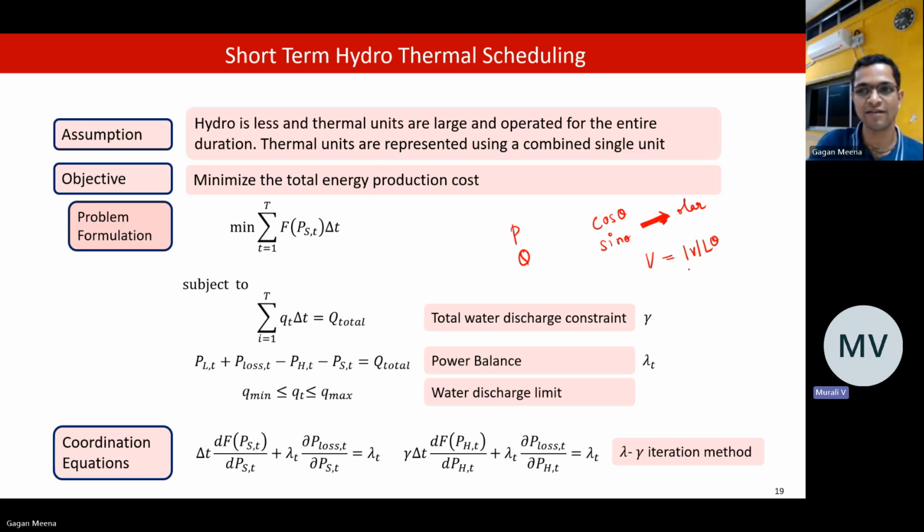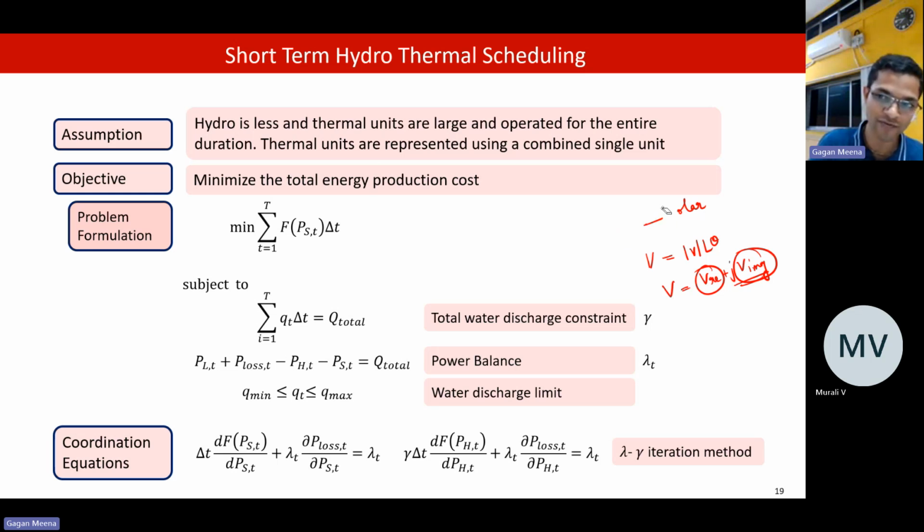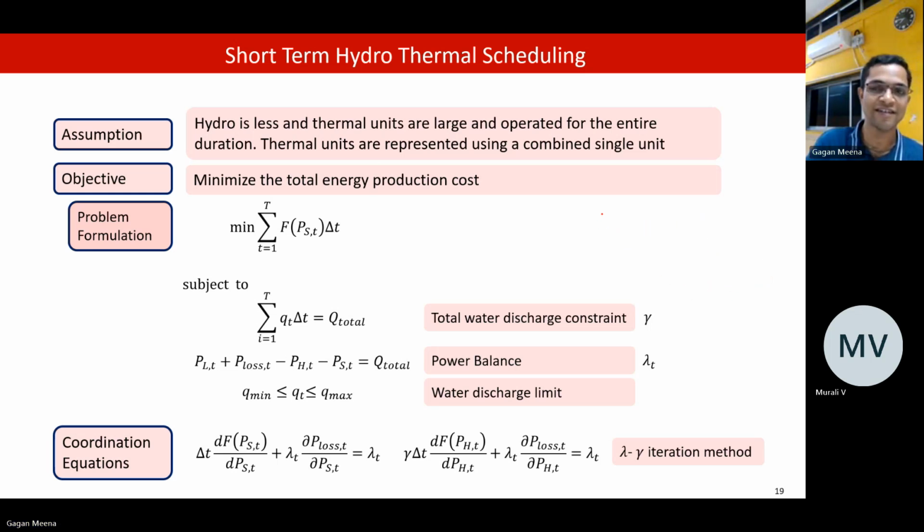In rectangular coordinate, we write it as A plus jB, in the form of real and imaginary parts. But the source of non-linearity, apart from cos and sin, is one more source: the product of voltages, Vi into Vj.